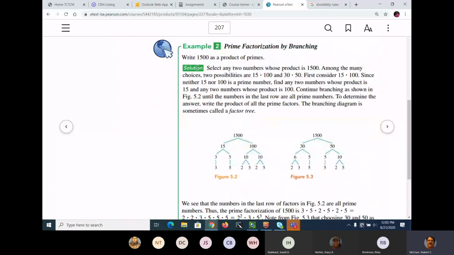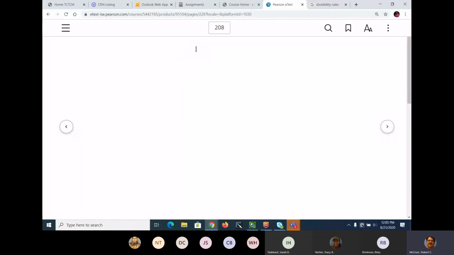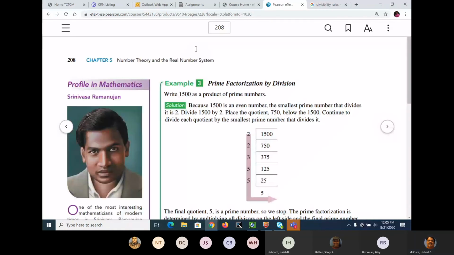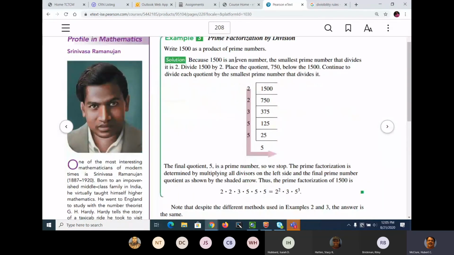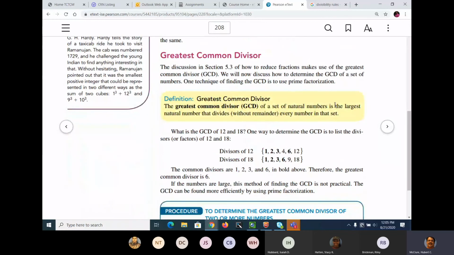Yeah, that's what I don't do, because you can't do that with the greatest common divisor and all that. Prime factorization. There we go. The greatest common divisor of a set of natural numbers is the largest natural number that divides into those numbers. Let me give you an example.